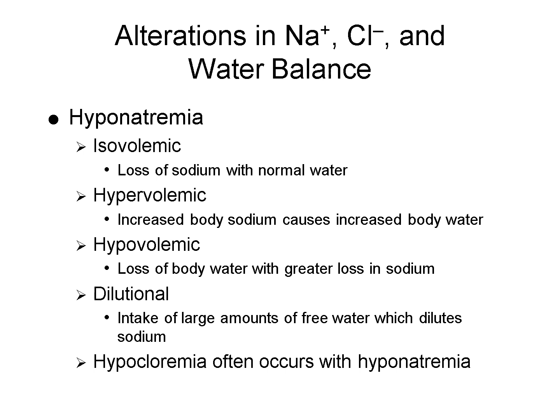Hypovolemic hyponatremia results from the loss of both sodium and water, with a greater loss of sodium. Dilutional hyponatremia arises when large amounts of free water are consumed, diluting the sodium concentration. Additionally, hypochloremia, or low chloride levels, often accompanies hyponatremia, further affecting fluid and electrolyte balance.